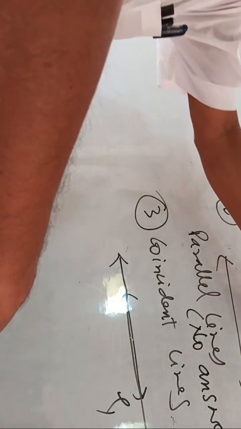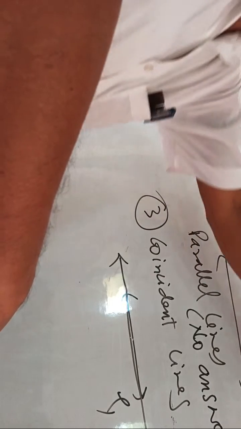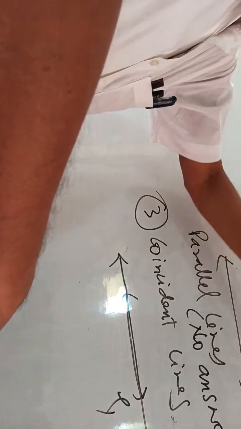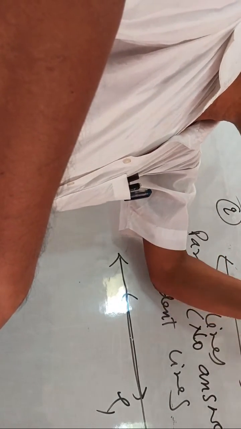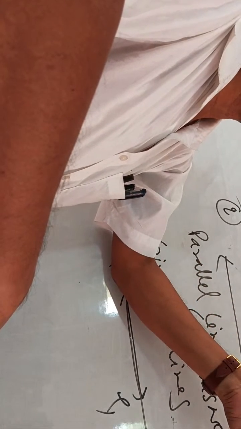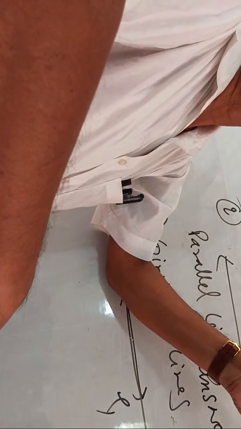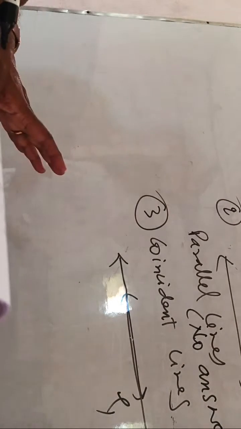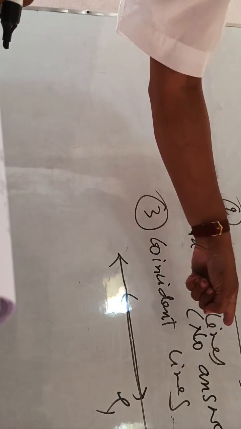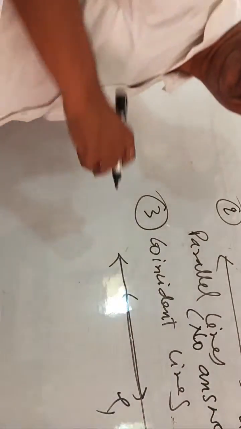So in intersecting lines, the format of the equation is like this: a1 by a2 is not equal to b1 by b2. And there will be only one point of intersection, and there will be only one solution or one answer. But in the second case, when they are parallel, there is no answer. It means a1 by a2 is equal to b1 by b2, right?